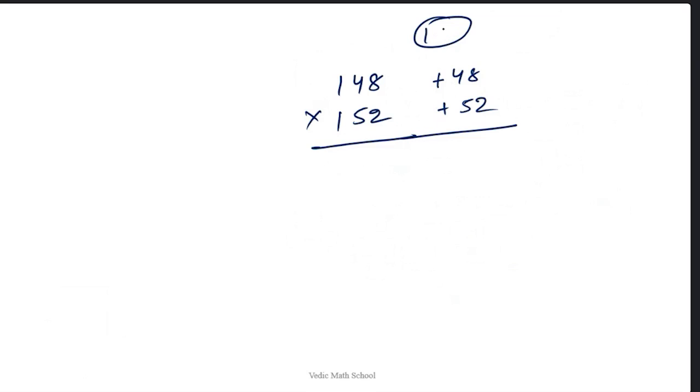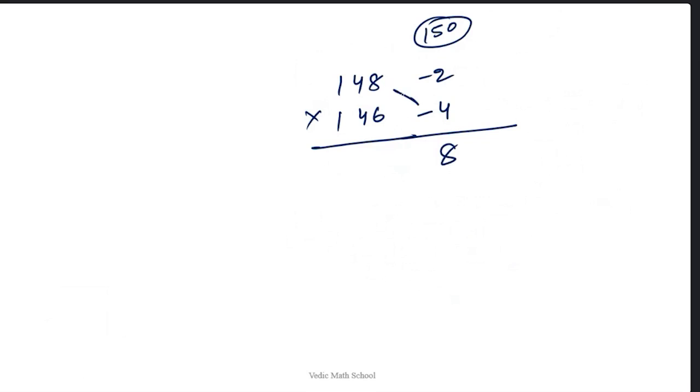Yes. So what we have to do? We have to take 150, and for this we are going to discuss a different approach. If we take 150, our differences are minus 2 and plus 2. For the first example, I'm not going to take 152, I'm going to make it 146, and our calculation will become a little easy. So now what we are going to do? We multiply 2 times 4, which is 8.